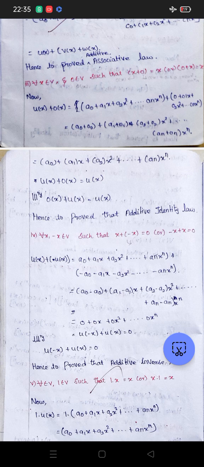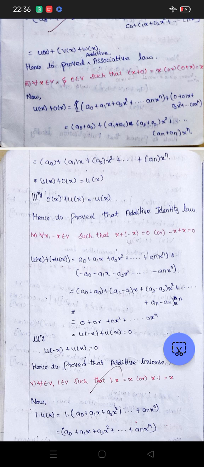Now u(x) + 0(x). The zero polynomial means 0 + 0_1 x + 0_2 x^2 etc. + 0_n x^n. Adding these two polynomials: a0 + 0_0, plus (a1 + 0_1)x, plus third term (a2 + 0_2)x^2, etc., plus (an + 0_n)x^n.